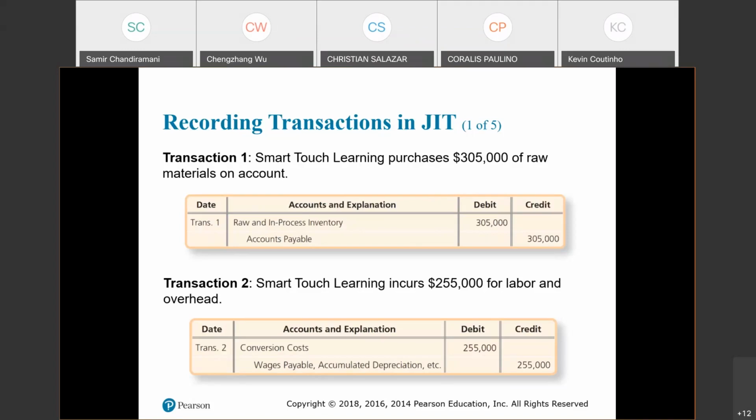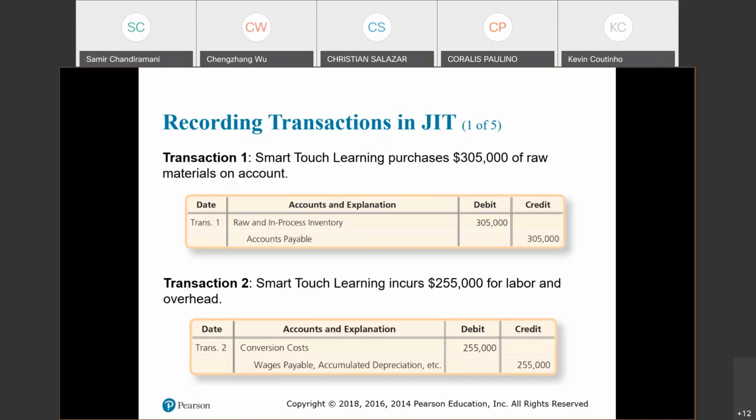So here we need to debit conversion costs and credit wages payable, accumulated depreciation, etc., for the same amount of money. Because in JIT, conversion cost includes two parts of the cost: labor costs plus manufacturing overhead.